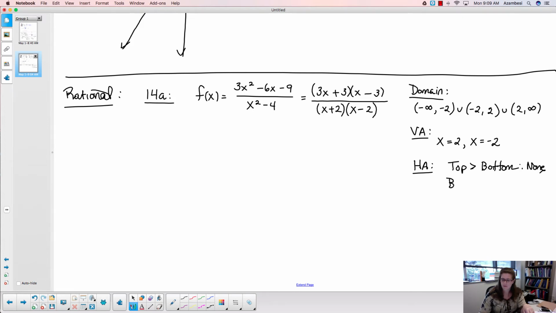If the bottom is greater than the top, then you have y is equal to 0. And if they're equal, then you have y is equal to a ratio of the leading coefficients. And that's the case we're in here. So our leading coefficients are 3 and 1, so y is equal to 3 over 1, or 3. Last part is intercepts.